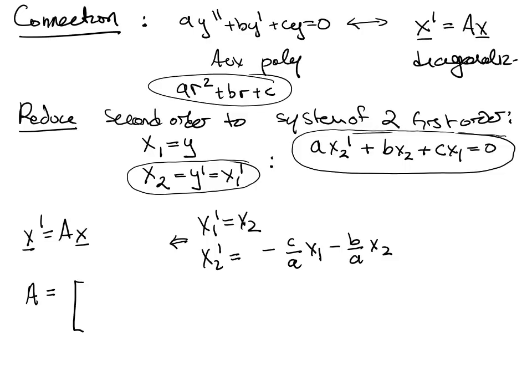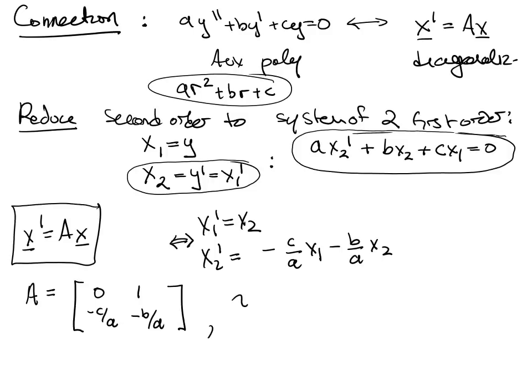A is going to be the matrix 0, 1, and minus c over a, minus b over a. And now, in order to diagonalize this, I need to find the characteristic polynomial of this matrix. And you can guess what the characteristic polynomial of this matrix is. So let's compute it, and let's suggestively put in the variable r. This is going to be the determinant of minus r, 1, minus c over a, minus b over a minus r.